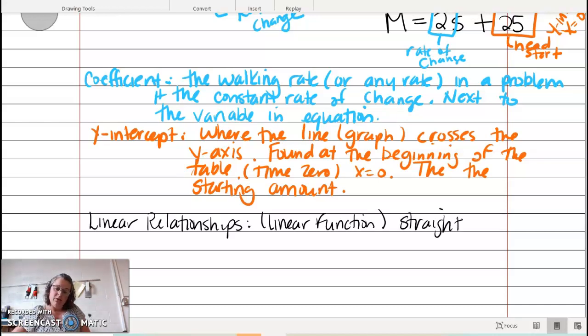And when you graphed both of those brothers, they happen to be straight lines coming from that constant rate of change. It's a consistent amount increasing every single time. So I'm going to say it's a straight line graph. Has a constant increase or decrease.